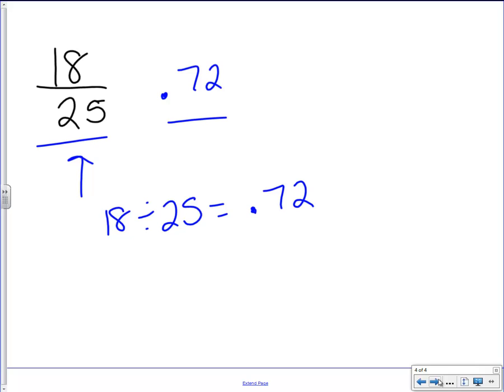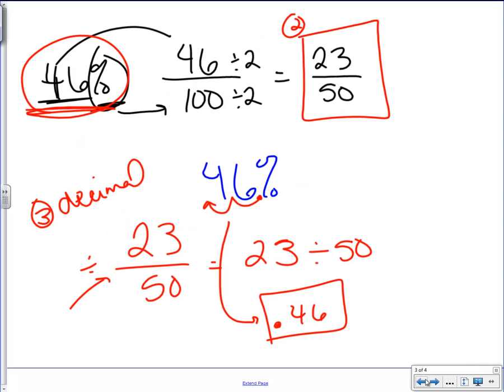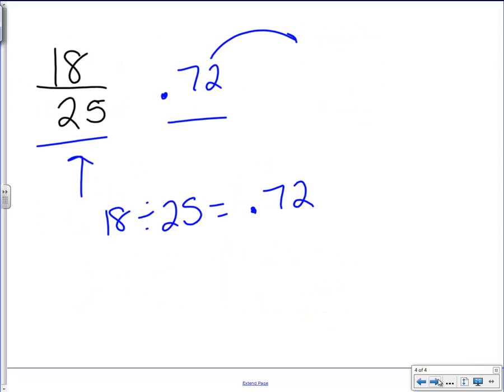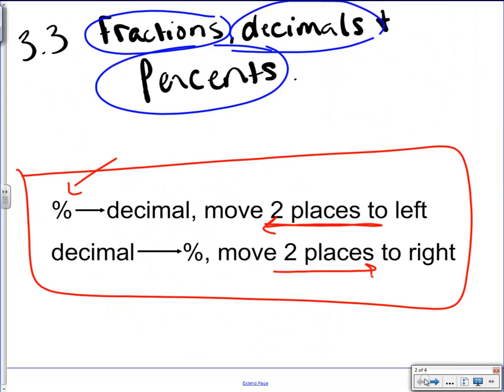The last one is going to be a percent. And it's really easy to go from a decimal to a percent. We've been going from a percent to a decimal, and we've been moving our decimal to the left. Now we're going to move from a decimal back to a percent, so we're going to move our decimal 2 places to the right. If you're not sure, go back to that first page of notes that I gave you, see where you're starting, what you have, and then just follow the rule. Okay? This is a good thing to put on your note card for the test if you can't keep this straight.